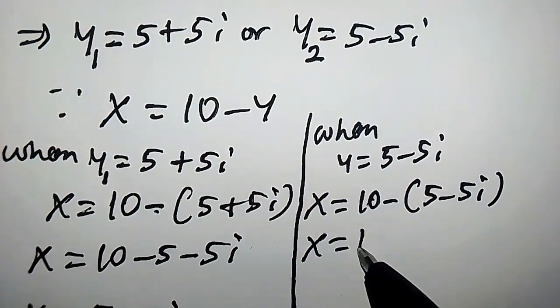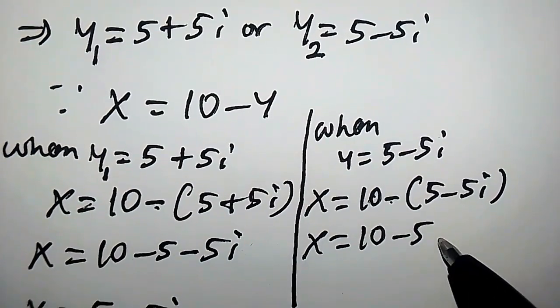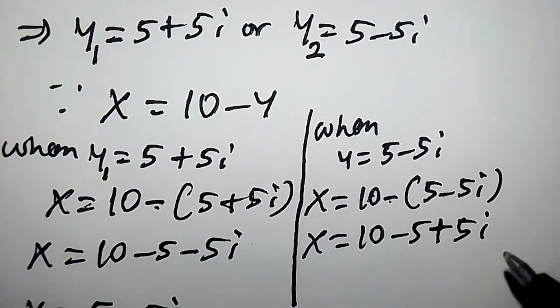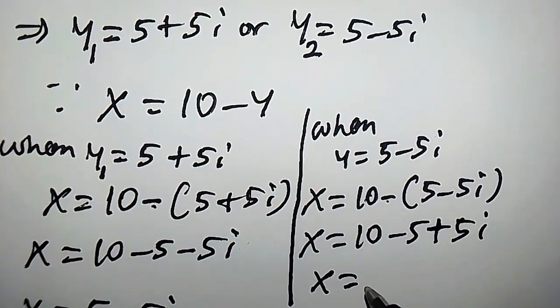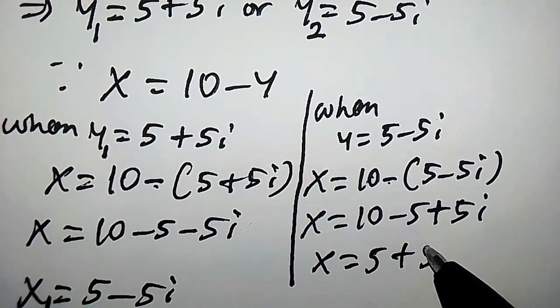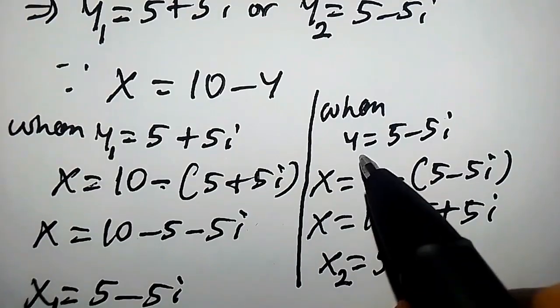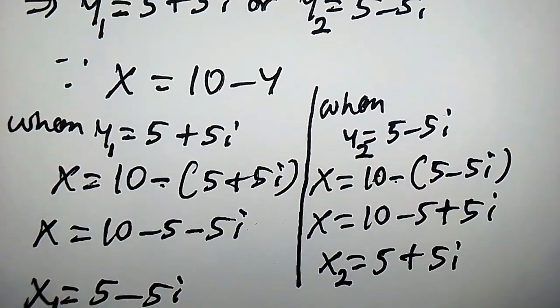X equal to 10 minus times 5, that is minus 5, minus times minus, that is plus 5i. X is equal to 10 minus 5, that is 5, plus 5i. Let's call this x2 and this y2.